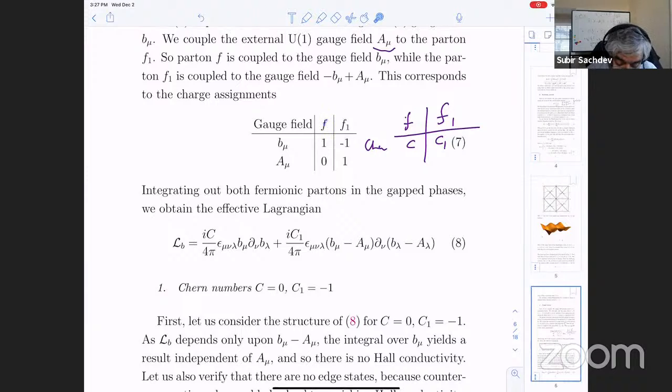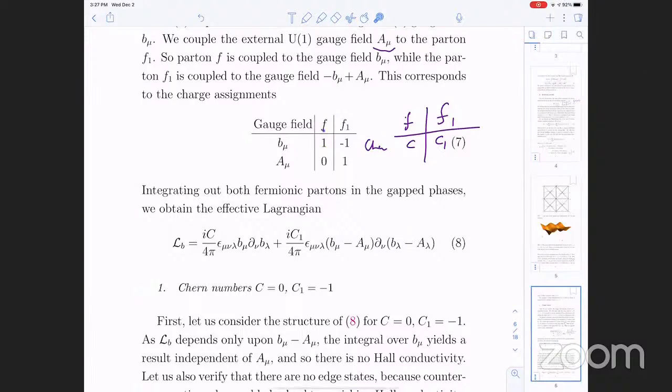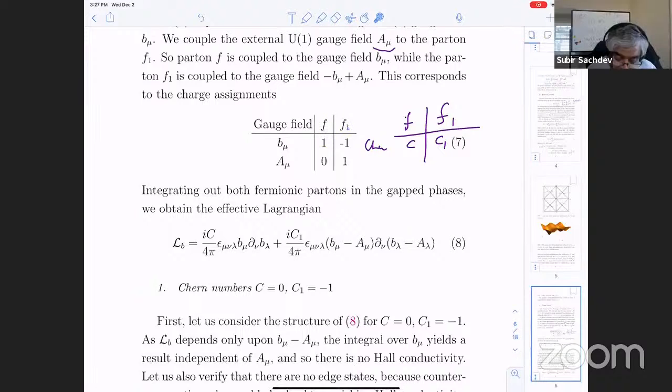F couples only to B mu, sorry, and it has Chern number C. So when I integrate out F, I'll get a Chern-Simons term for B, whose coefficient will be C, the Chern number for F. Now F1 couples to both B and A with opposite sign. So it's coupled to A minus B or B minus A, and it has Chern number C1. So you get a Chern-Simons term for B minus A with Chern number C1. Okay, so that's the bulk theory in equation 8.